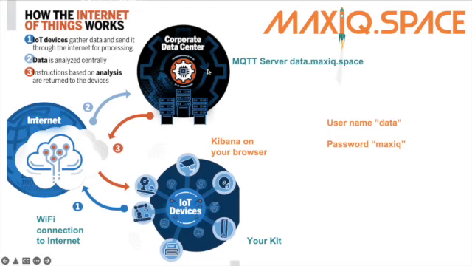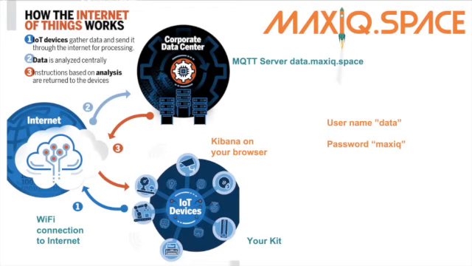So all of the data from your kit, as long as your kit is connected to power and internet, will be stored on our server. Now that means that if you disconnect your kit, it doesn't wipe the data that was added there previously.